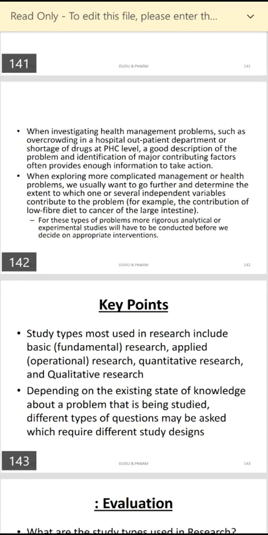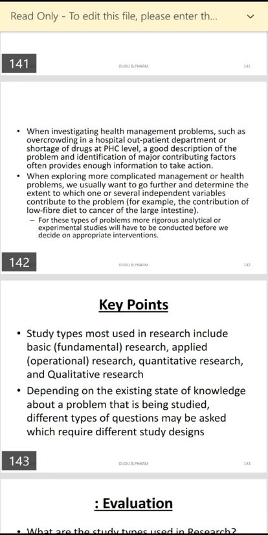So, when investigating health management problems such as overcrowding in hospital outpatient departments, or shortage of drugs at PHC level, a good description of the problem and identification of major contributing factors often provide enough information to take action.